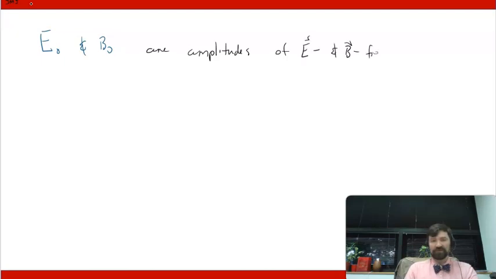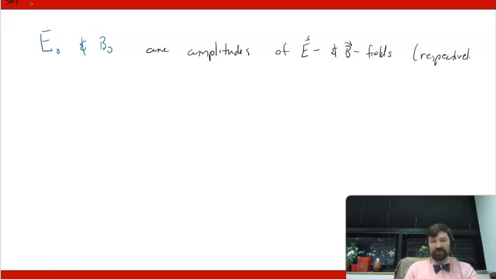Okay, so the other thing that you're getting is the amplitude. So E naught and B naught are not equal to each other, but they are amplitudes. That would be the maximum value for each of these two fields. So they are the amplitudes of the E and B field, respectively.